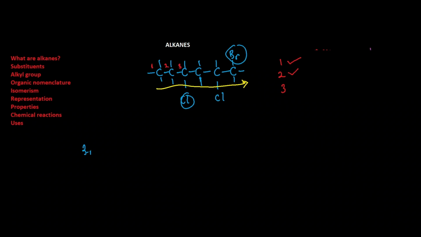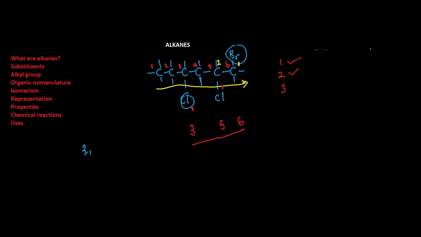So if we start from this end, we would have 1, 2, 3, 4, 5, 6. Now you'd notice that the first chlorine here has the number 3, and the second chlorine has the number 5, and bromine has the number 6. So these are the set of positional numbers that we have.